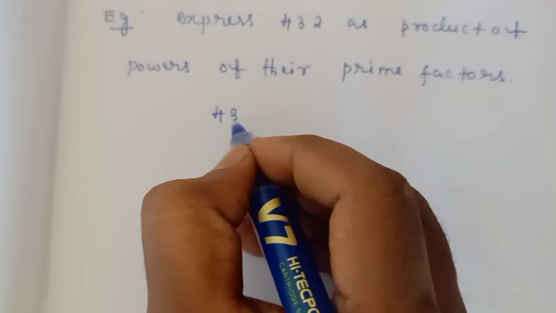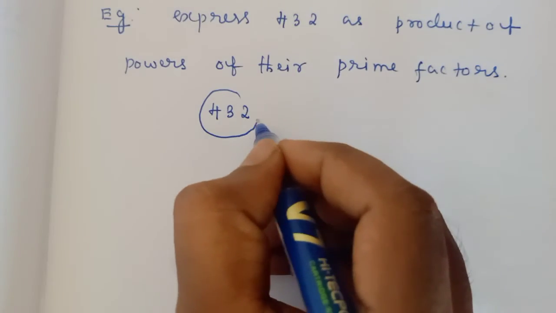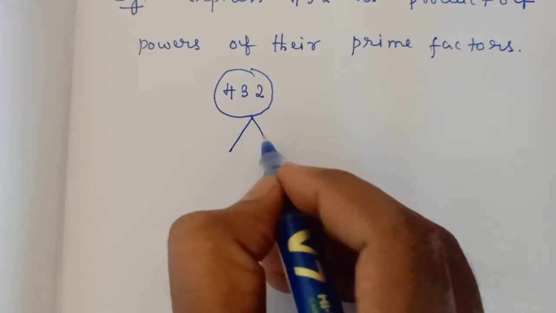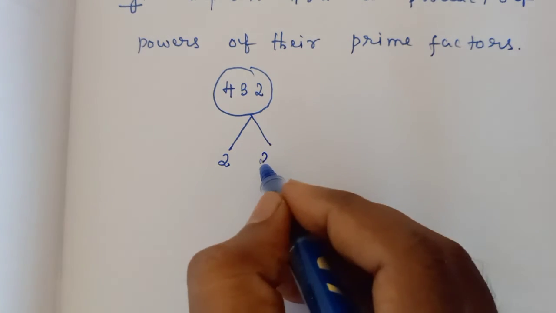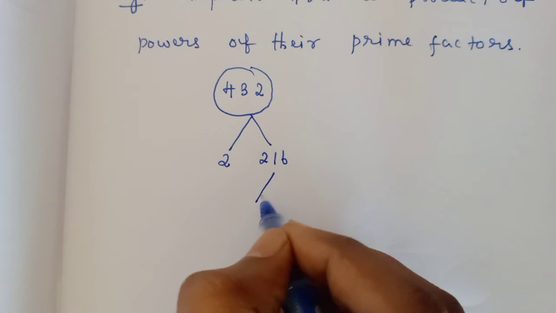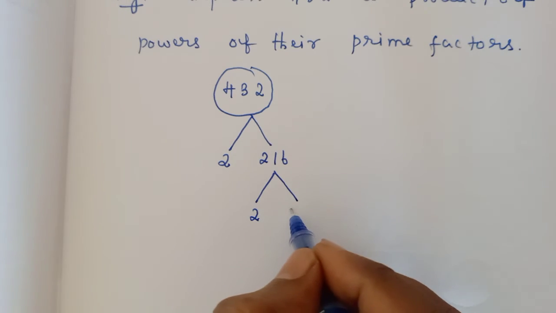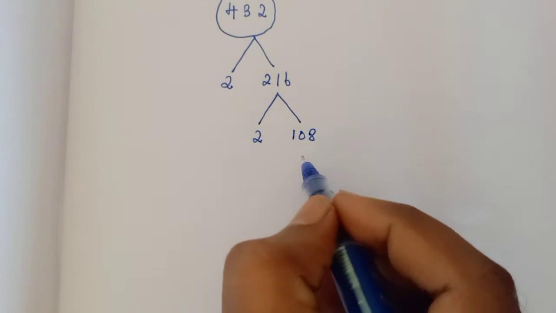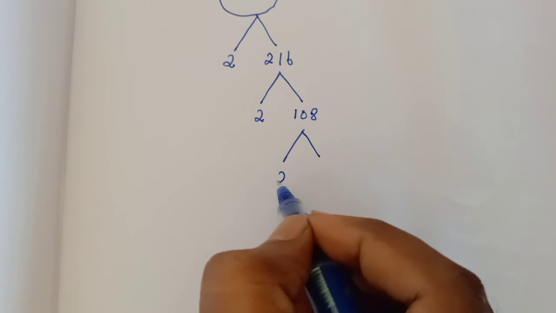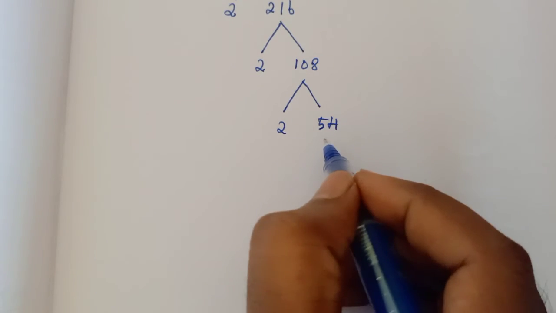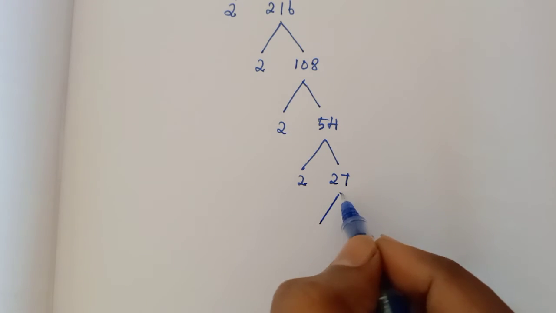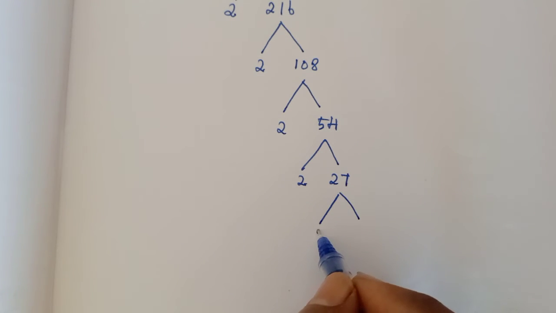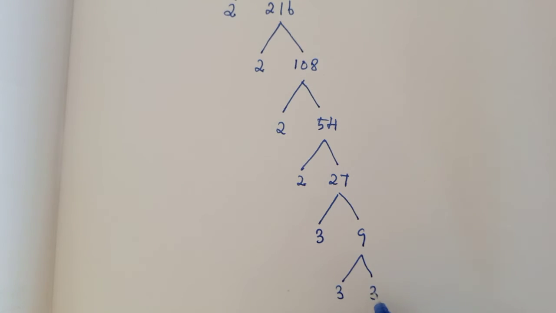Solution. I divide using prime numbers from 2, that is 216. Again I divide the 216 by 2, 108. Again I divide the 108, 2 into 54. Again I divide the 54, 2 into 27. Again 27 is not divisible by 2, so by 3, 3 into 9. So 3 into 3.